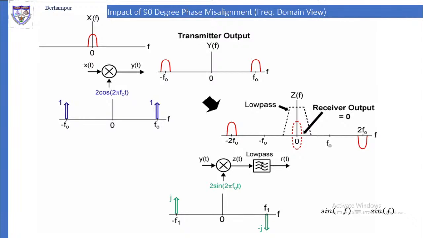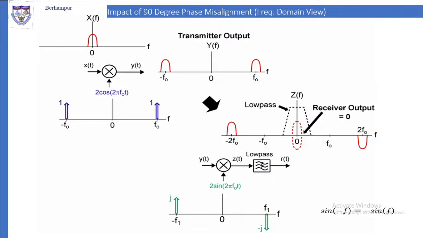One will go to f1, one will go to minus f1. But since sine minus theta is equal to minus sine theta, at these 2 points the amplitudes will be inverted. At minus f1 the amplitude will be positive, at f1 the amplitude will be negative. Because the amplitudes are inverted, the transmitted output at these amplitudes, when you multiply them with these amplitudes, will also be inverted.